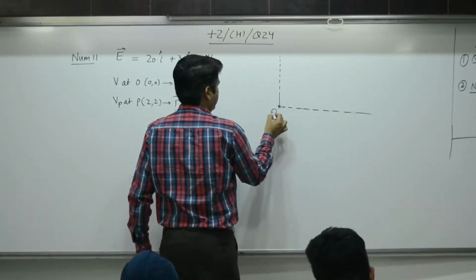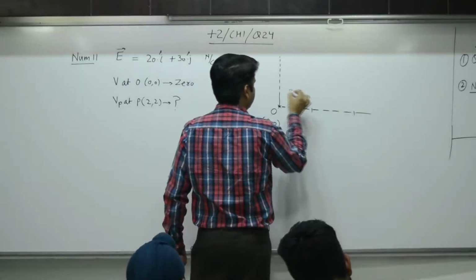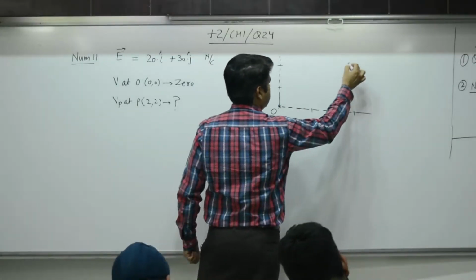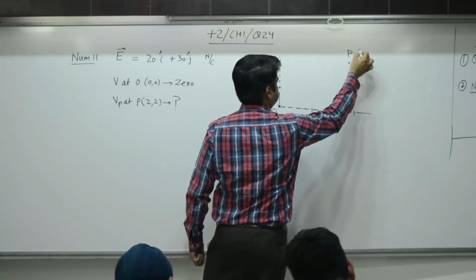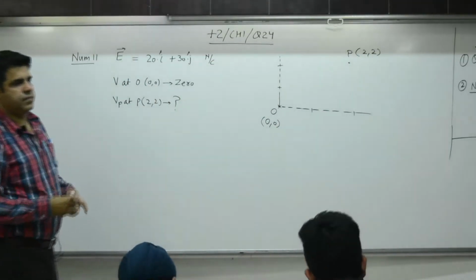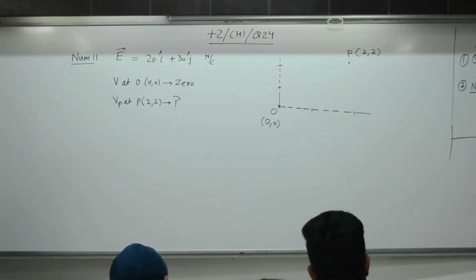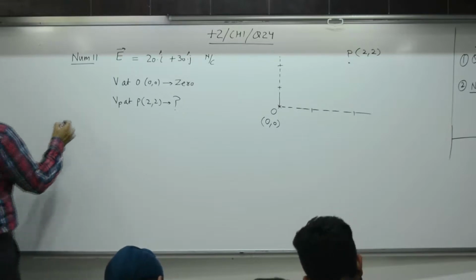Origin O 0, 0. This is point P, coordinates 2, 2. Is this the question? Try.